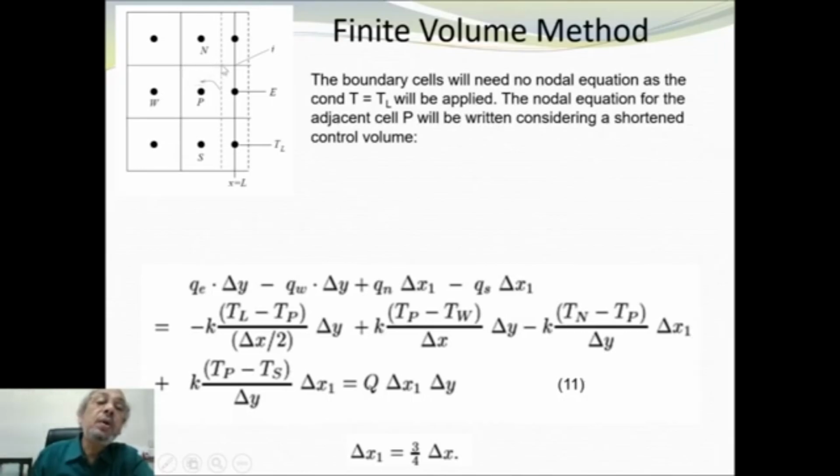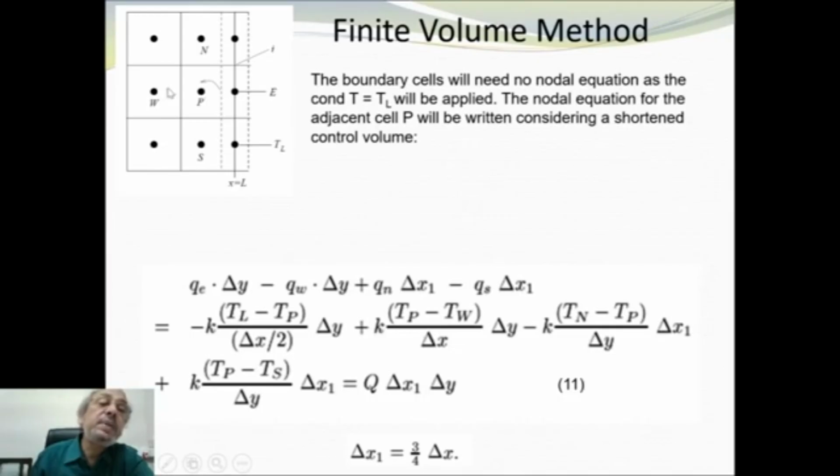So basically you can see that for these nodes we are directly writing TL, we are not generating any equation for them, but for the equation for P with respect to all neighbors, when we are expressing that, we write here the flux (TE, or TL, minus TP) by delta x by 2.